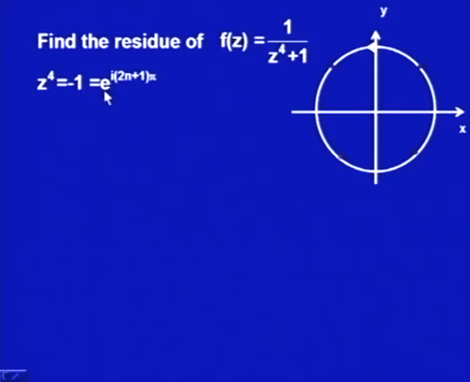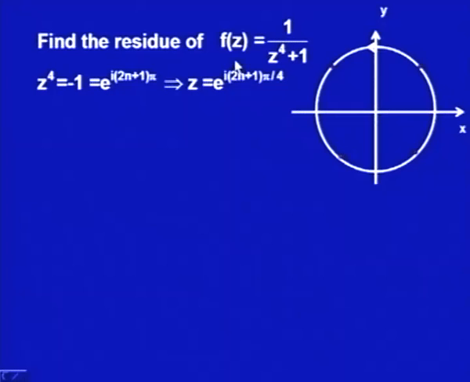Minus 1 we could write as e to the power i(2n plus 1)pi, for n equal to 0, 1, 2 and so on. So, from here z would be e to the power i times (2n plus 1)pi by 4.